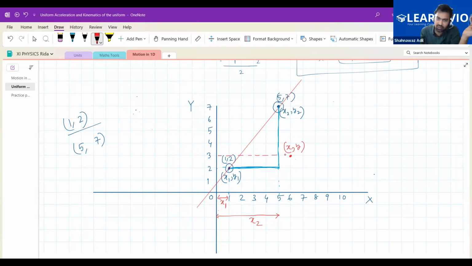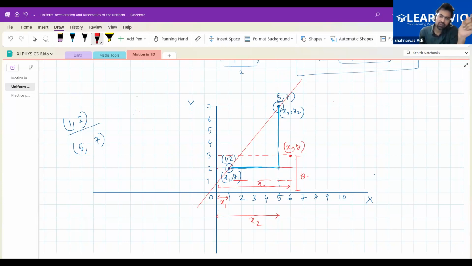So this is x. And how much it has covered in this direction? This is y. So this is x, and this is y, right?